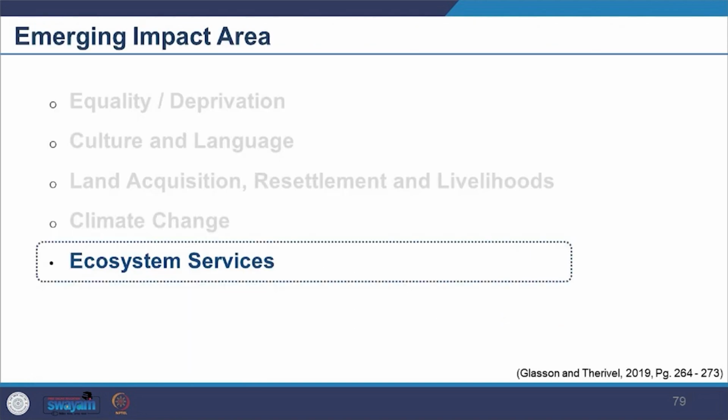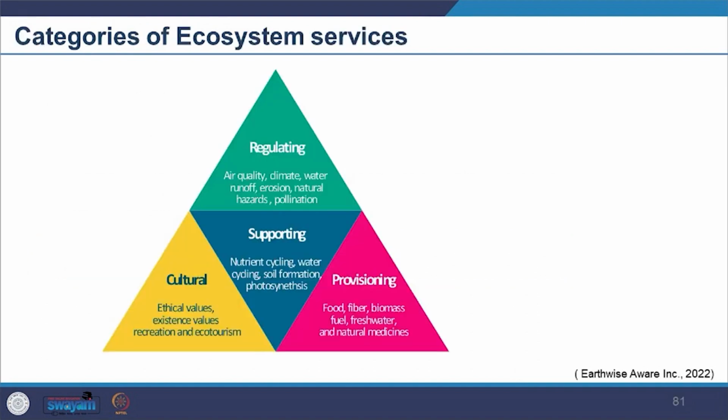Now moving on to another emerging impact area, we see ecosystem services. Conceptually, just to reinforce, you have seen this before also. Ecosystem services are the services provided by the environment to people. What kind of services does the environment give to us? We had seen this in the previous week's lecture too. They are typically divided into provisioning services, which provide food, water, minerals and other products.